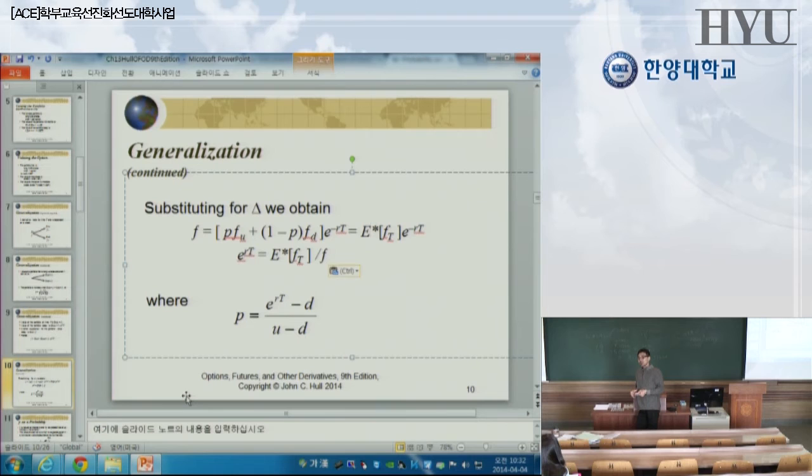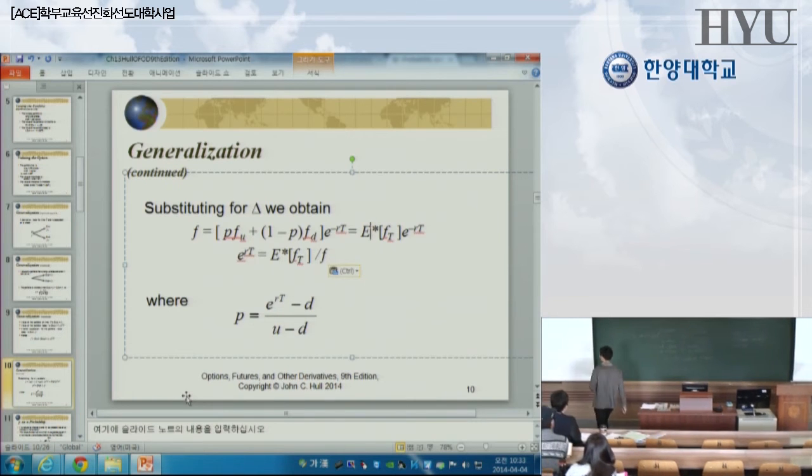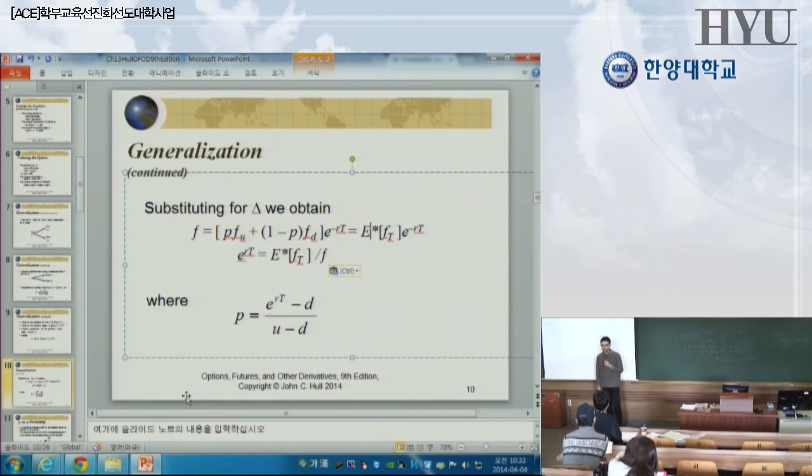So if P is negative, D is greater than the risk-free rate, which means that the worst possible return is higher than the risk-free rate. Does it make sense? It doesn't make sense.